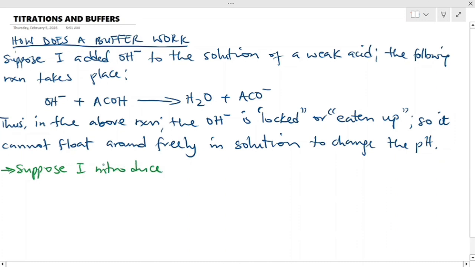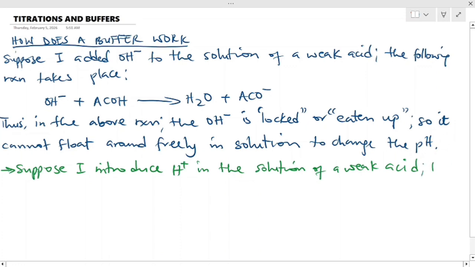Suppose I introduce H plus ion, which represents the acid, in the solution of a weak acid, the following reaction will take place.